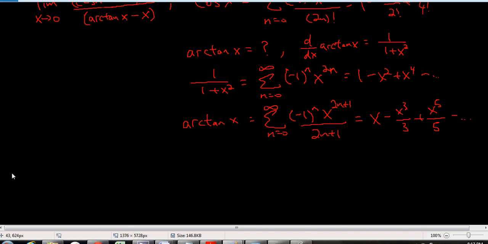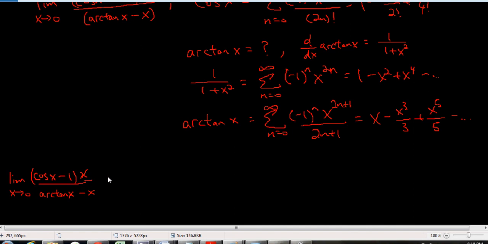I'm just going to write this again here because I can't see it up there. Limit as x goes to 0 of arctan of x minus x on the bottom. And on the top, I had cos x minus 1, and that was times x here.